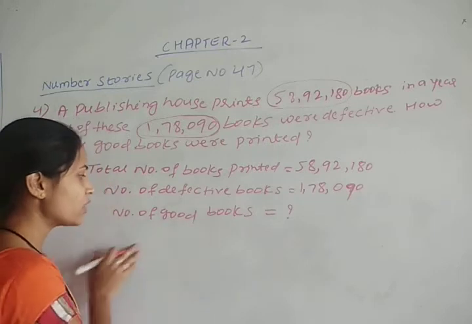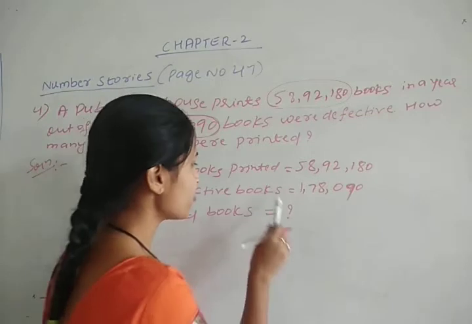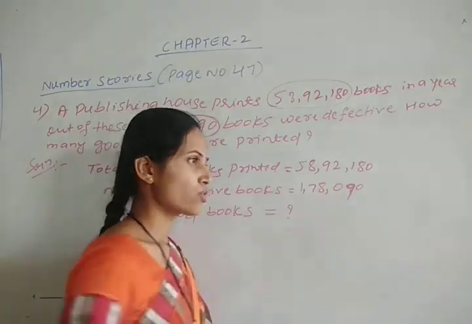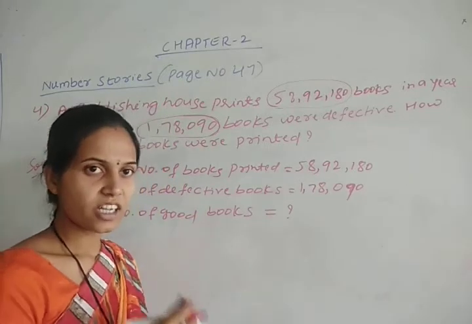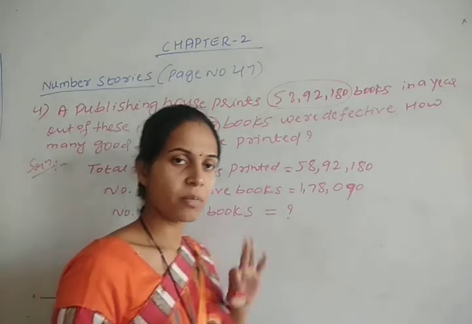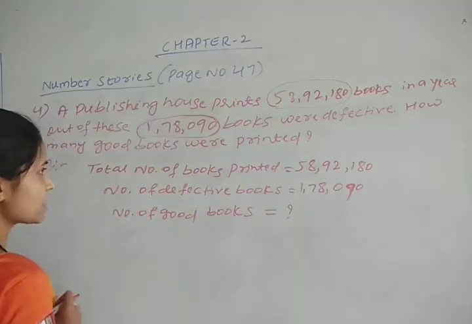So to calculate the number of good books, what will we do? We will subtract the value of defective books from the total number of books. The difference, the result we get after the subtraction, is nothing but the number of good books. So now let us subtract.